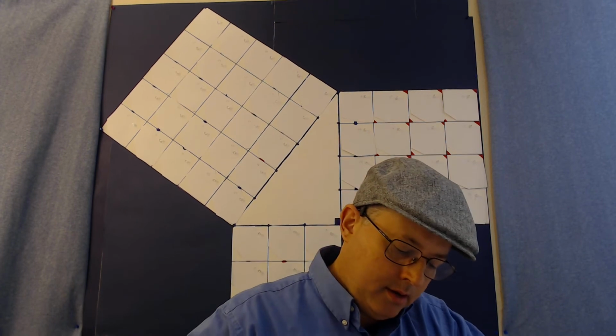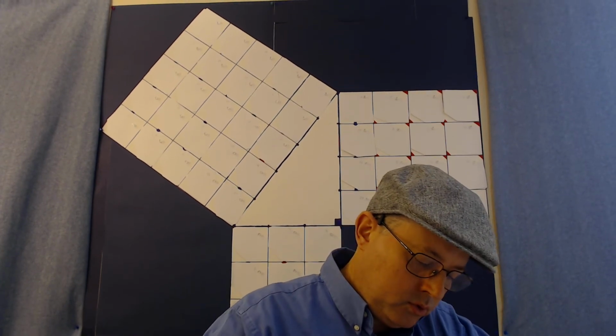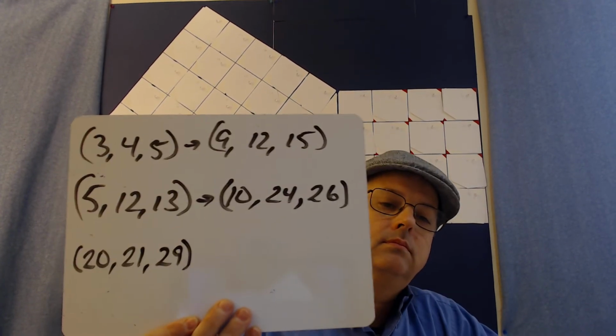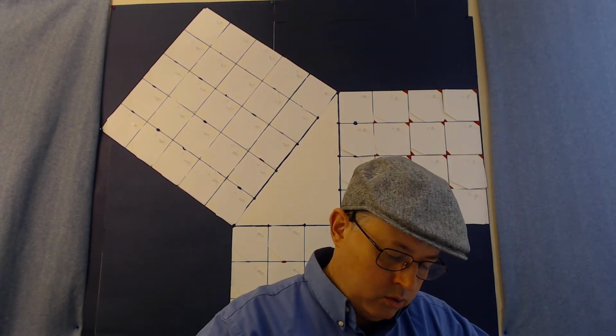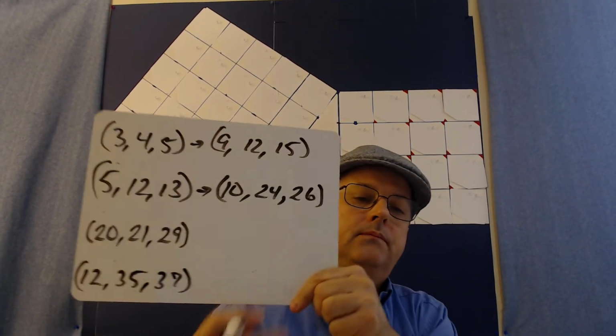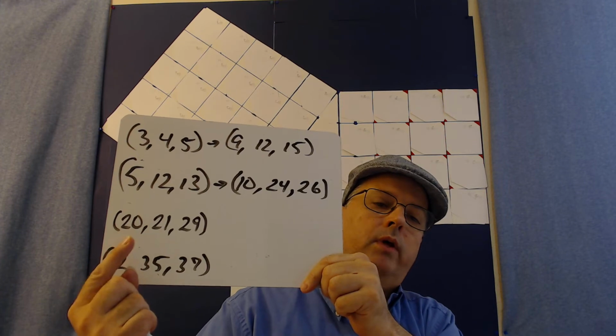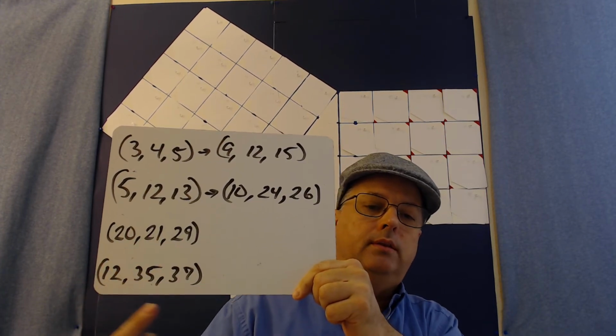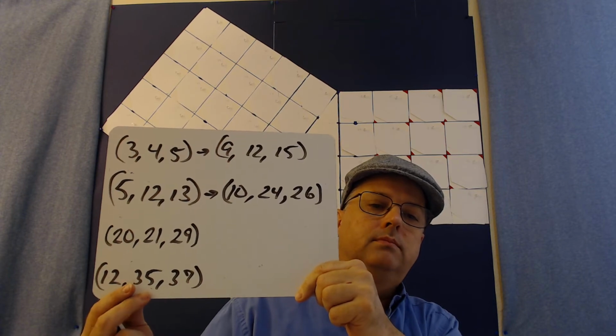And then we had other Pythagorean triples, 20, 21, 29, or 12, 35, 37. And we used the other formulas to generate these Pythagorean triples.